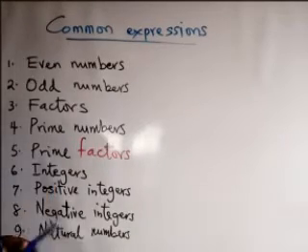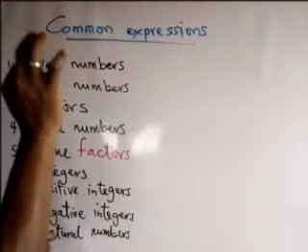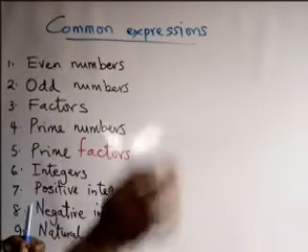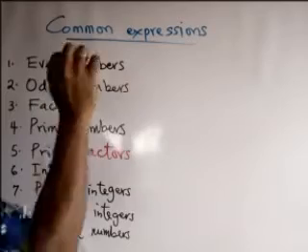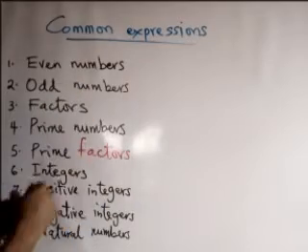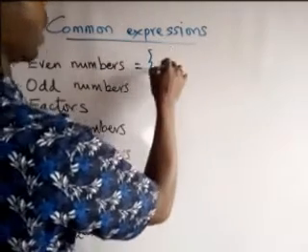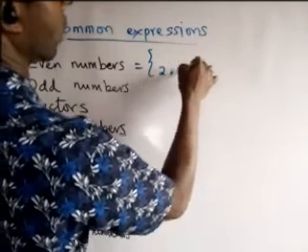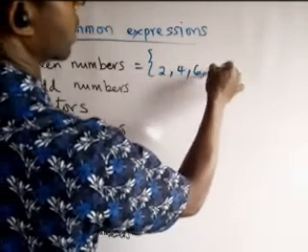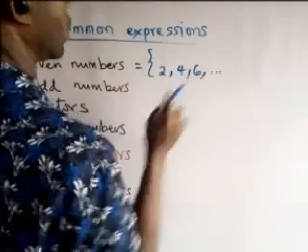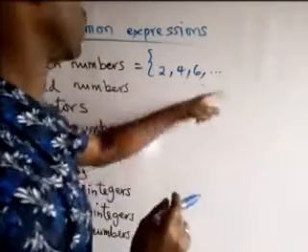Even numbers are numbers that are divisible by 2, meaning when 2 divides the number, you will not have any remainder. For example, 2, 4, 6, and so on. These are even numbers.